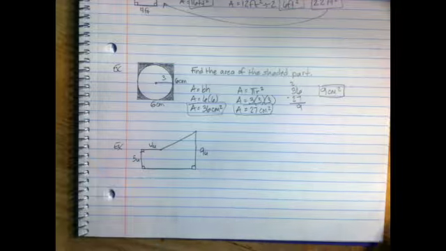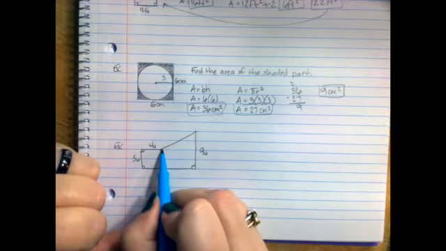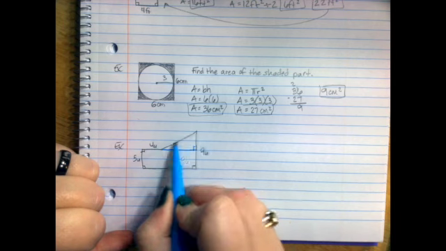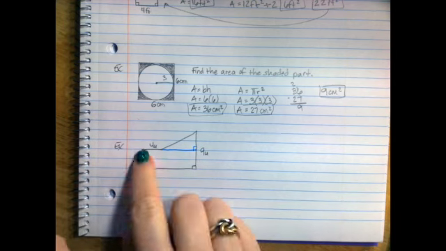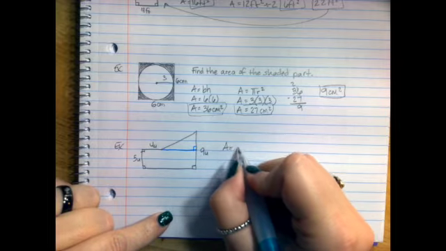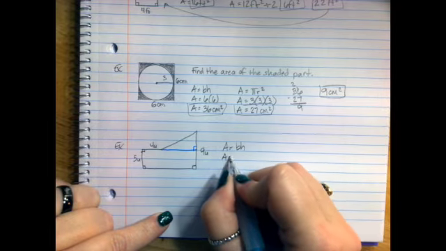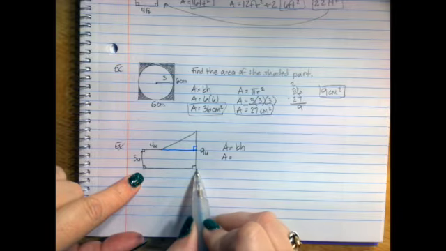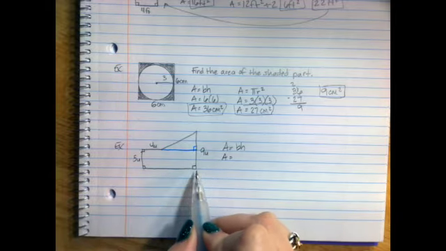I need to break it down into shapes that I know. So if I do this, I get a triangle and I get a rectangle. All right, so let's start with that rectangle. Area is equal to base times height. So my base, let's see here. I think I'm missing a part.